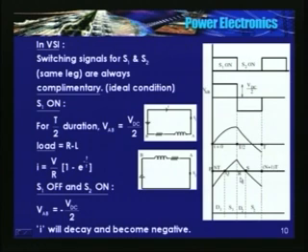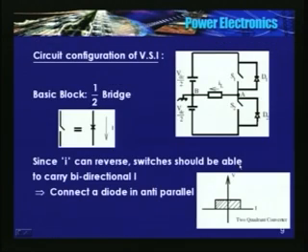Now what happens from R to S? Voltage applied to the load is negative, but then current is positive. See in the circuit, voltage applied to the load is negative. In other words, A should be connected to this point. Current is positive, flowing from A to B. But then this point should be connected here.